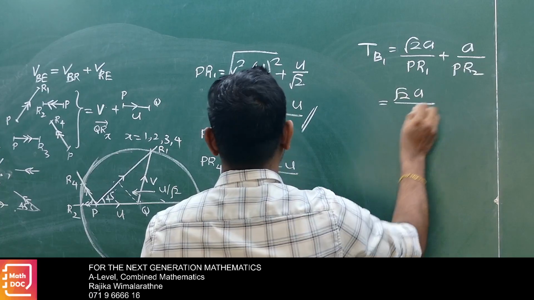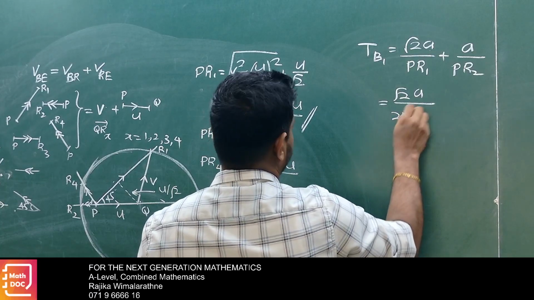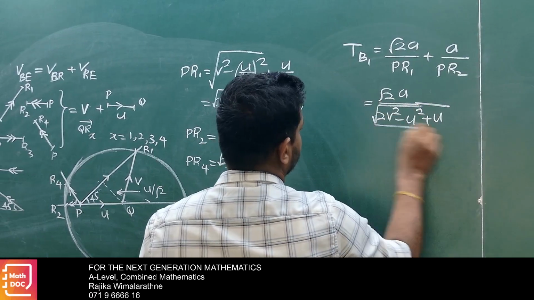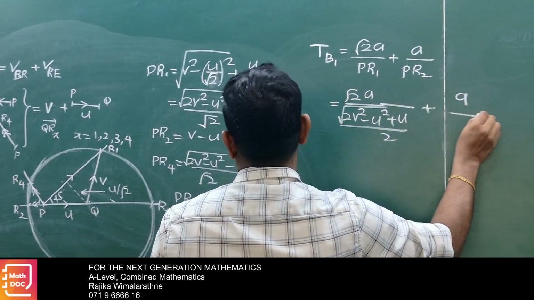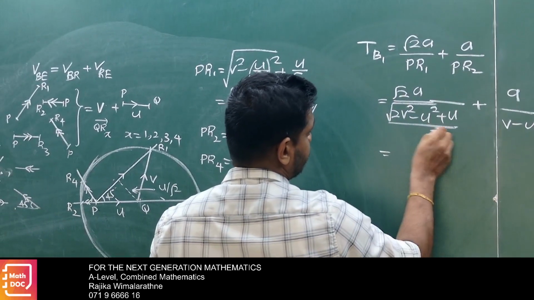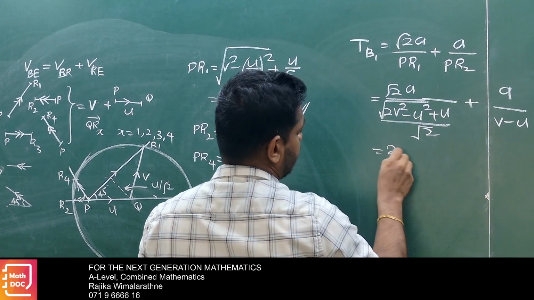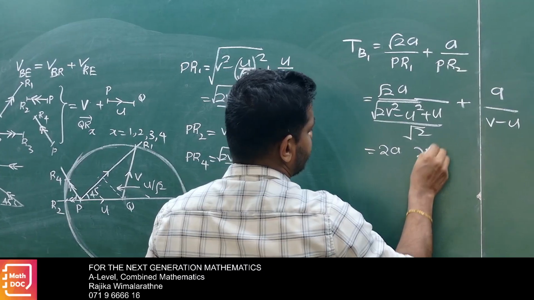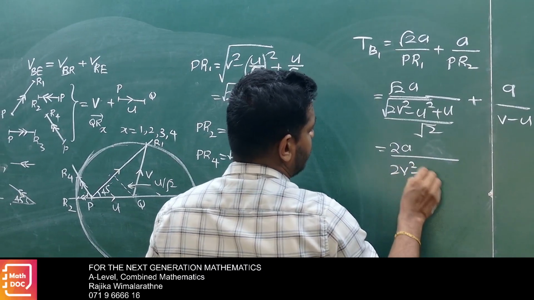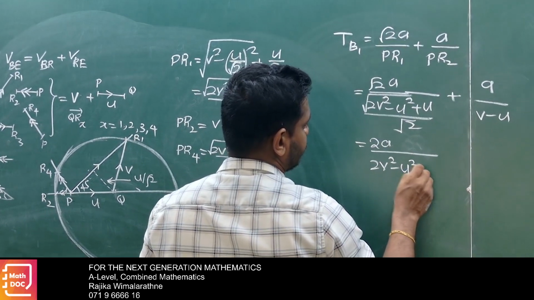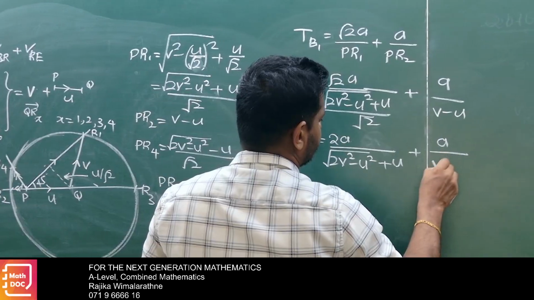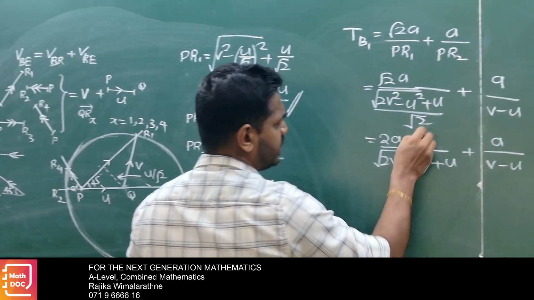That is root 2A over the square root of 2V squared minus U squared plus U, plus A over V minus U. Then multiply by the conjugate.